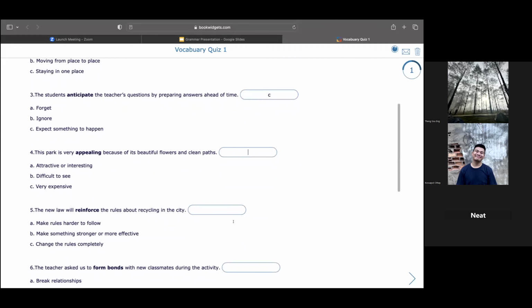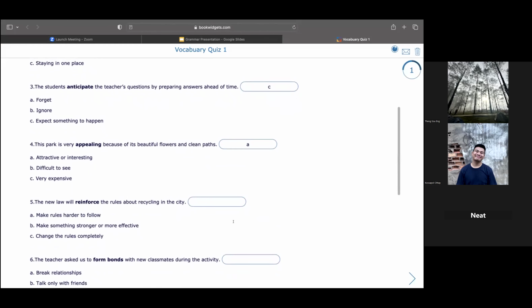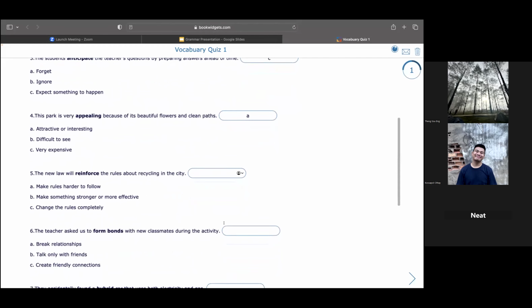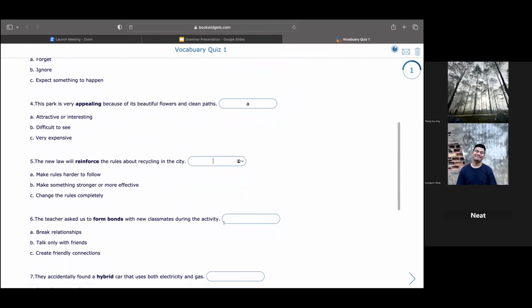Okay, so let's move to number 5. Yes, I agree. The new law will reinforce the rule about recycling in the city, make the rule harder to follow. B, make something stronger or more effective.